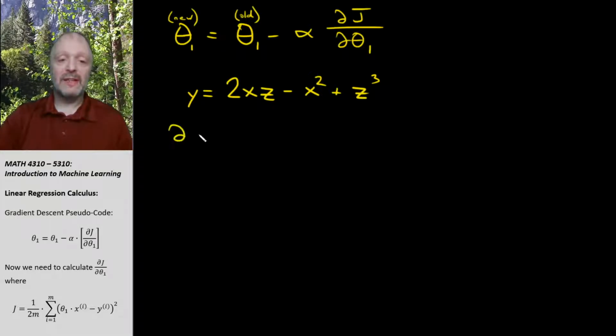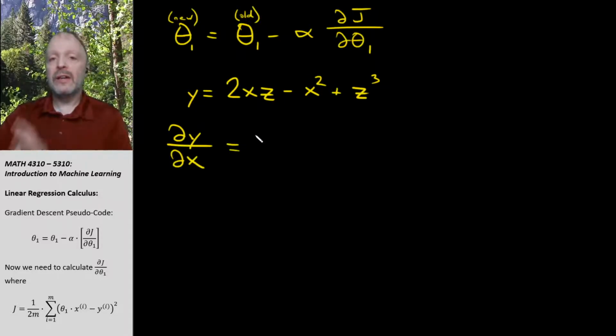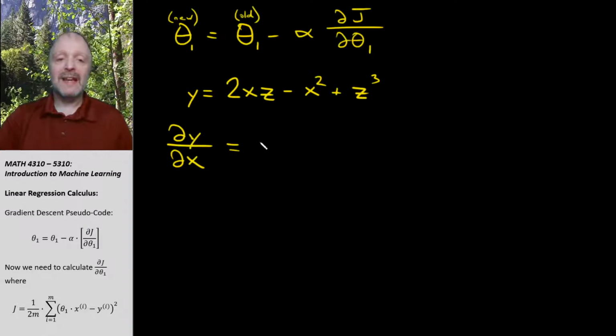If I take the partial derivative, which is that little curly d, of y with respect to x, well, now we're in business because the second I take the partial derivative, I lock all the other variables as if they were constants. So I hold them fixed. So when I take the partial of y with respect to x, now this z variable is a constant. I treat it just like a constant, 5 or a -7 or something.